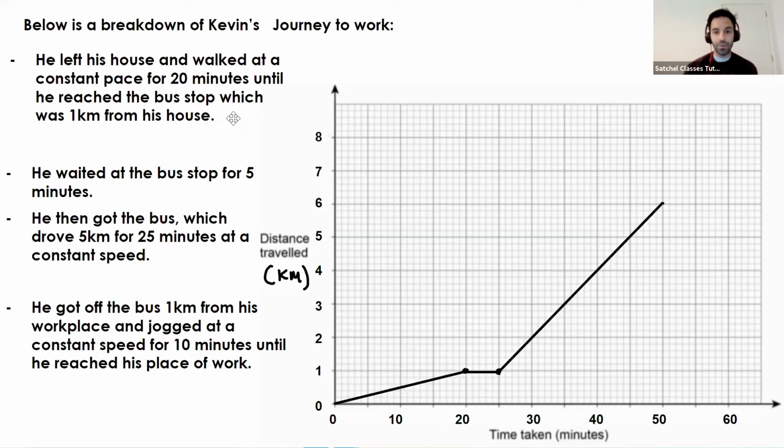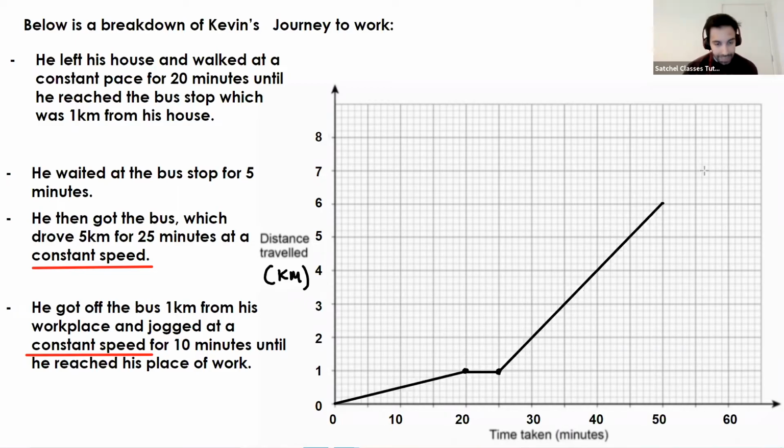Now, again, these are all key words here. Constant speed. So when it says constant speed, we know we just have to draw straight lines, because along a straight line, speed is constant. So he needs to travel 1 more kilometer. So he's going to end up somewhere along here.